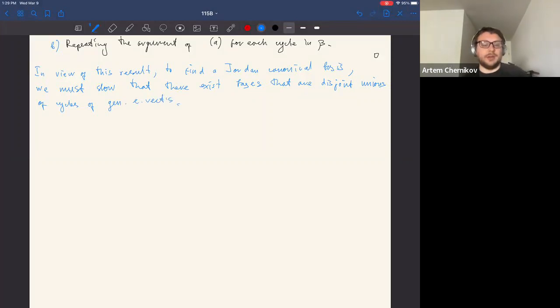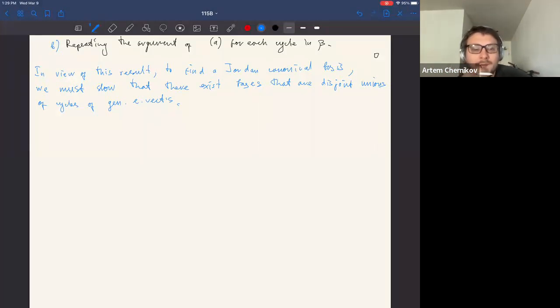Right, so that's what the theorem is telling us. If we can find a basis which is given by a union, or more precisely, a disjoint union of cycles of generalized eigenvectors, then we can find a Jordan canonical basis for the operator T.